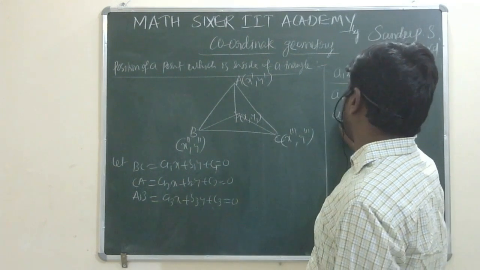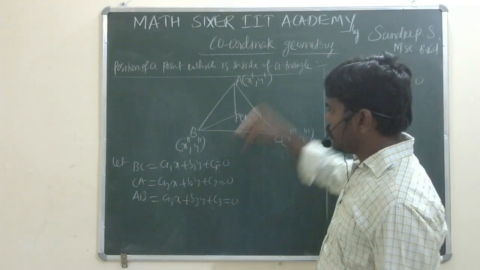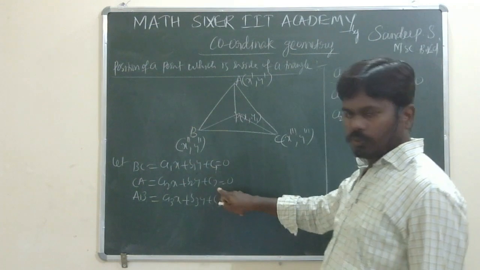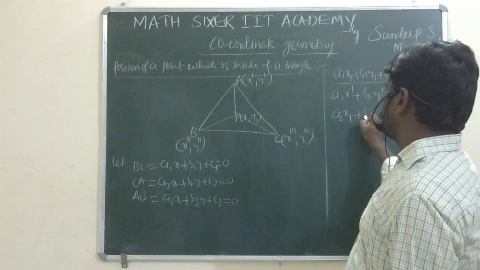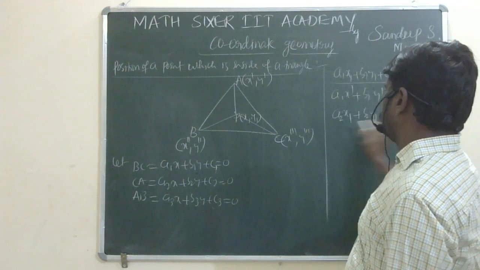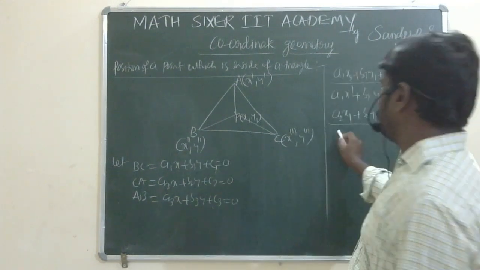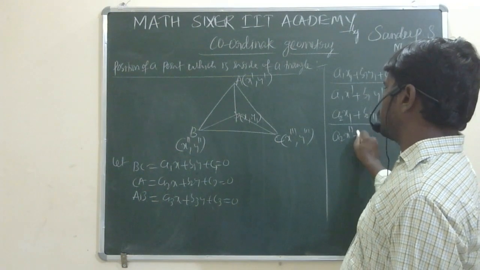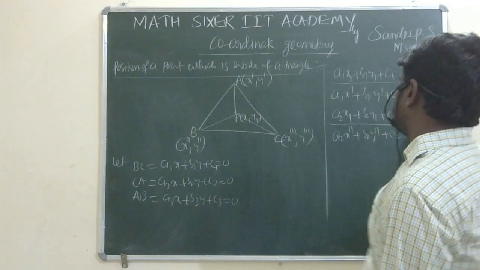So here it is a2. The straight line equation AC is a2x plus b2y plus c2. So that a2x1 plus b2y1 plus c2 divided by a2 x double dash plus b2y double dash plus c2 is greater than 0.